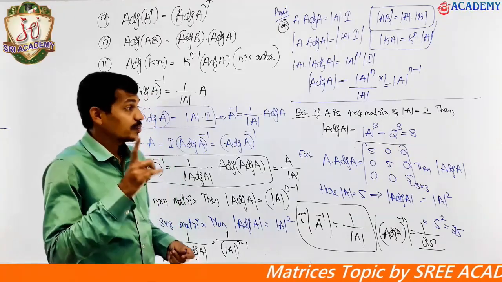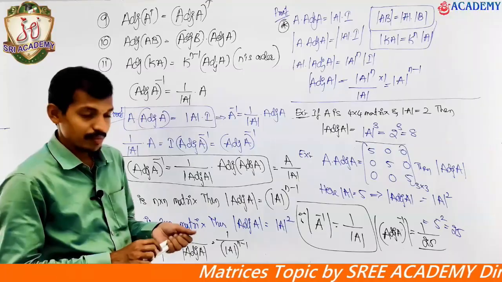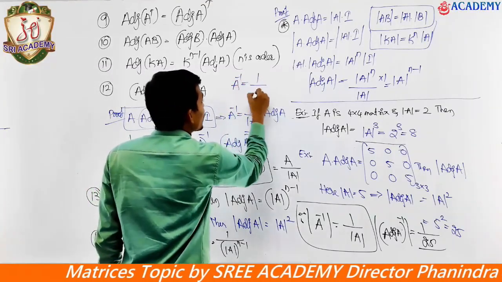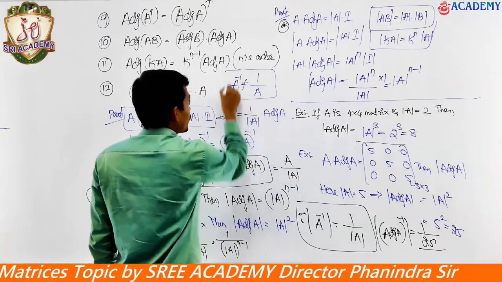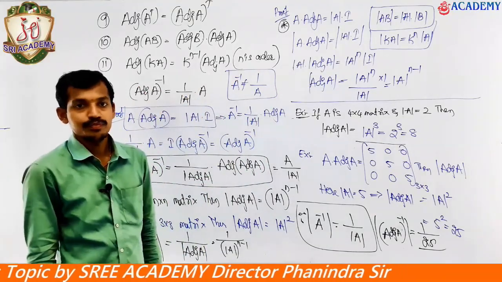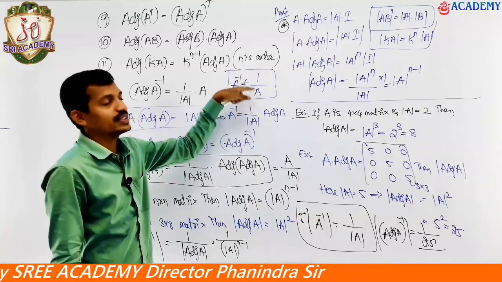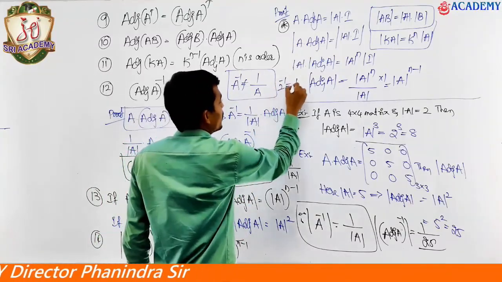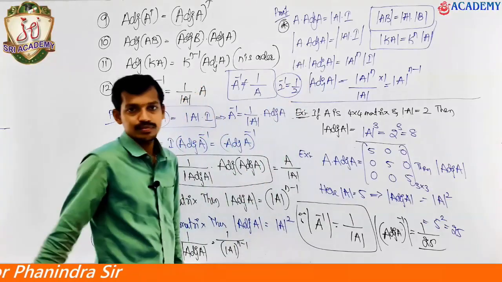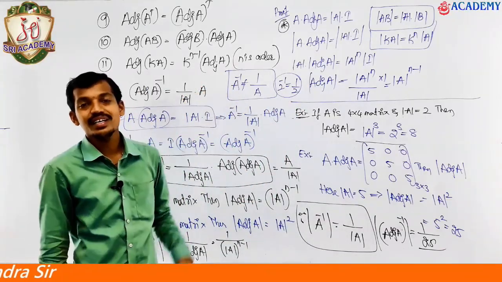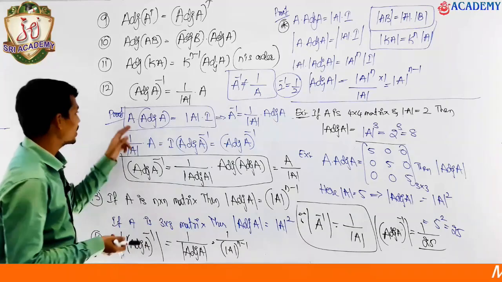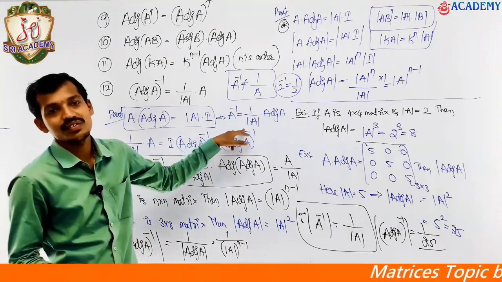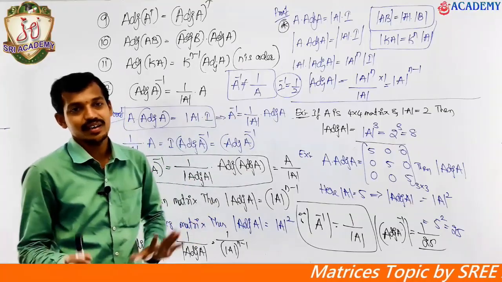But you must remember that A inverse is not going to be 1 by A. We can't write a matrix in the denominator. So 2 power minus 1 is nothing but 1 by 2, it is a number, but A is a matrix. We can't write it in the denominator. That is why if you take this A to this side or adjoint of A to this side, we write adjoint of A whole inverse, but we are not writing 1 by.